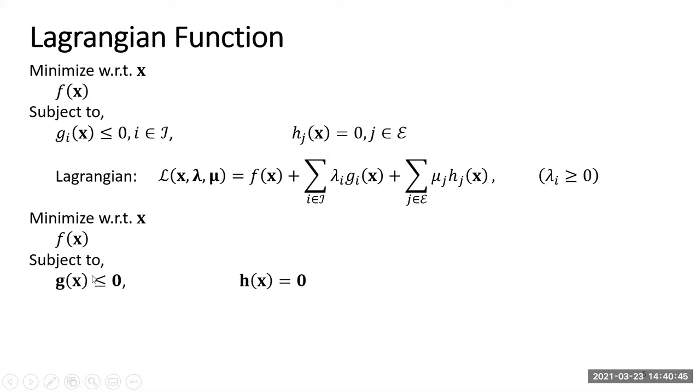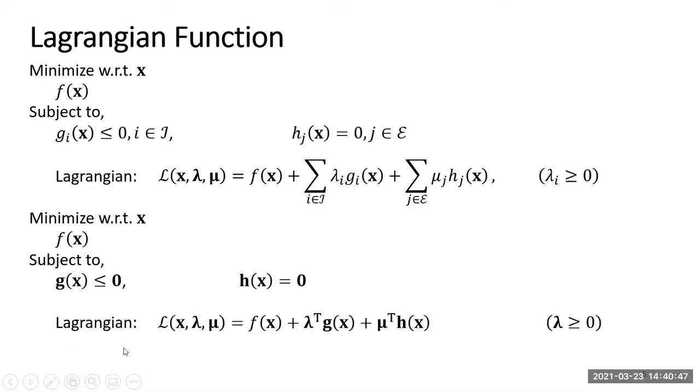This is the vector form, and the Lagrangian in vector form is L of x, lambda, mu equals f of x plus lambda transpose g of x plus mu transpose h of x.